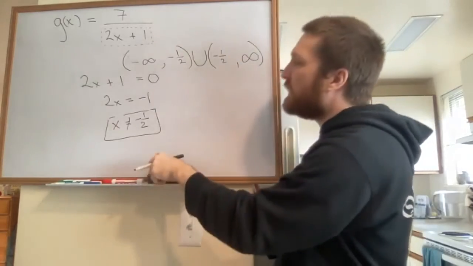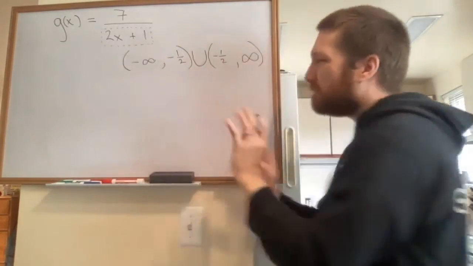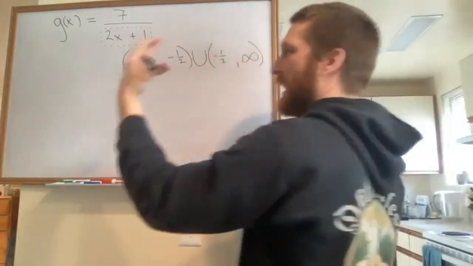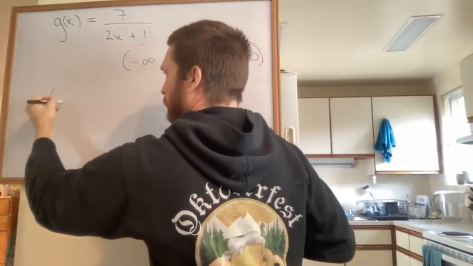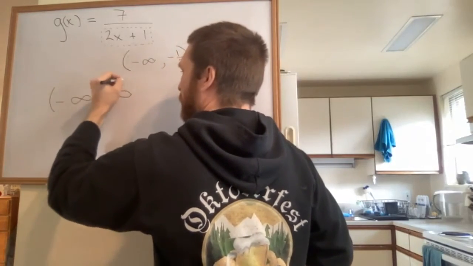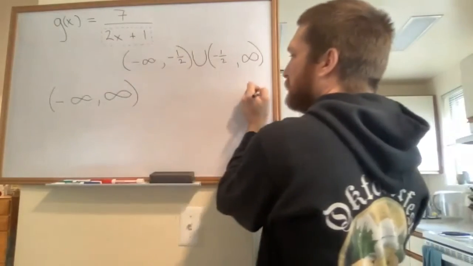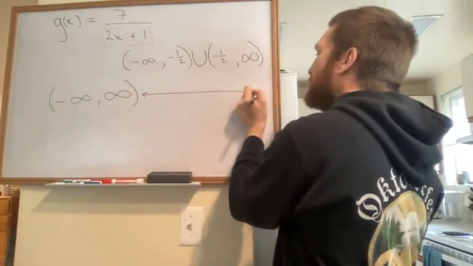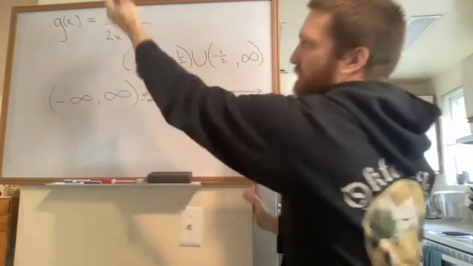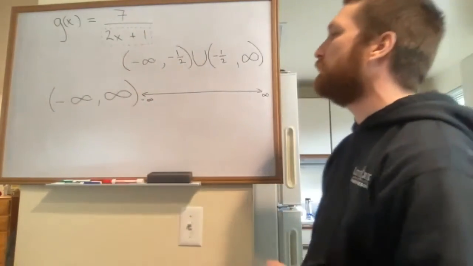And so finally, here we go. The way I like to do this is visually. This would be all real numbers, and this is what I start with. When I first begin this problem, all real numbers are possible inputs.